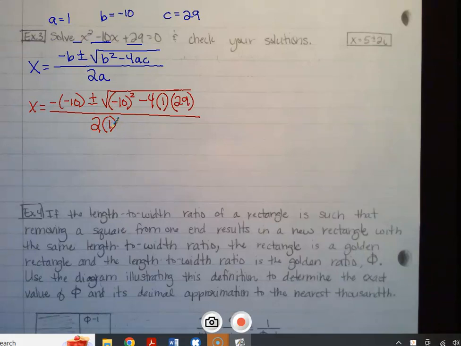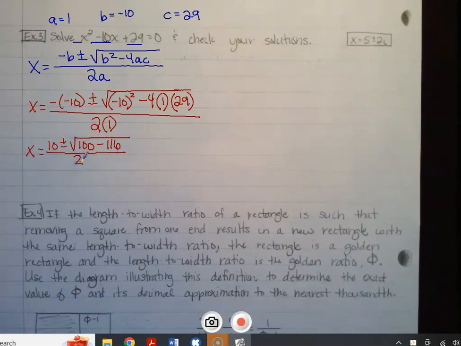Okay. So then negative times a negative 10 is just a 10, plus or minus the square root of negative 10 squared, which is 100, minus 4 times 1 times 29, which is 116, all divided by 2.